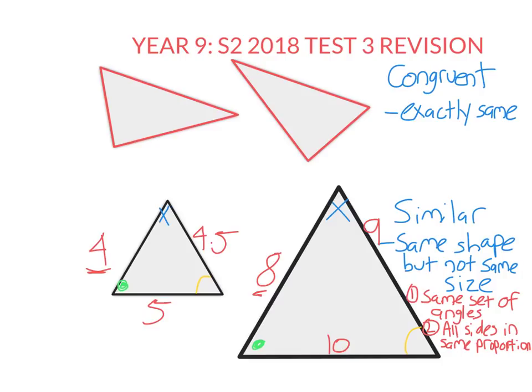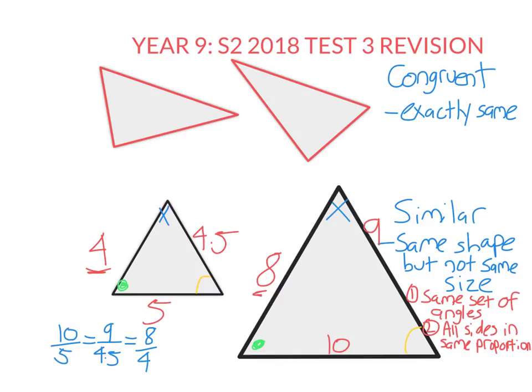So these two shapes would be similar because they have the same set of angles and their sides are in proportion. Because if you take any side in the larger shape, divide it by its corresponding side in the smaller shape, you get the same number. So each side of the larger shape is double its corresponding side in the smaller shape.